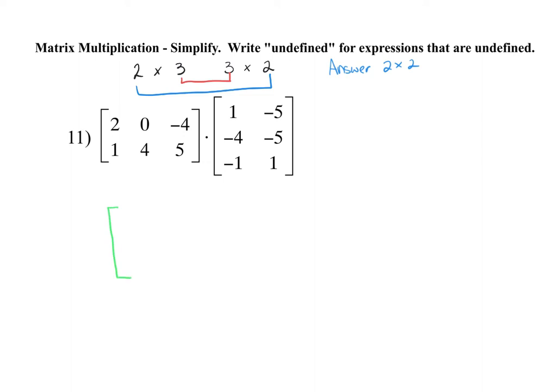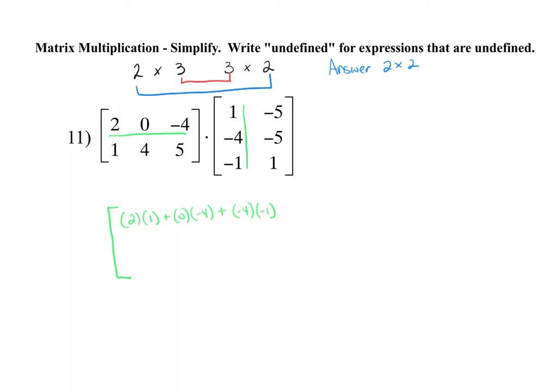So I am going to take my first row and I am going to multiply it by each element in my first column. So I'm going to say 2 times 1 plus 0 times negative 4 plus negative 4 times negative 1. All right? Once you're done with that column, you are done with that element, and you need to move to the next element, all right?